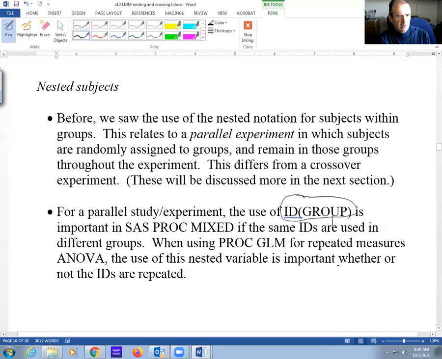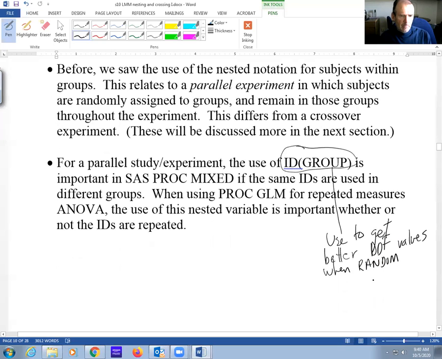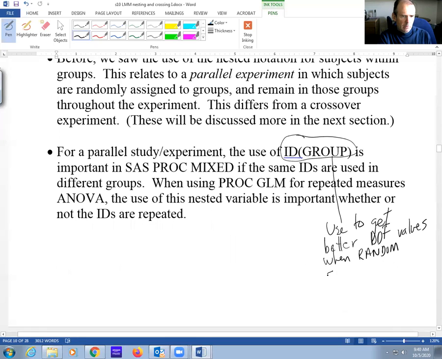So just to make a note of that: used to get better DDF values when the random statement is used. That's specifically for SAS.